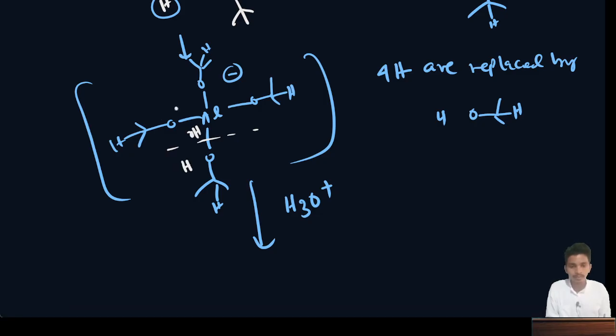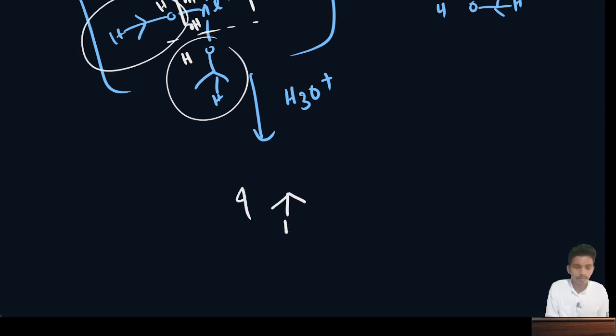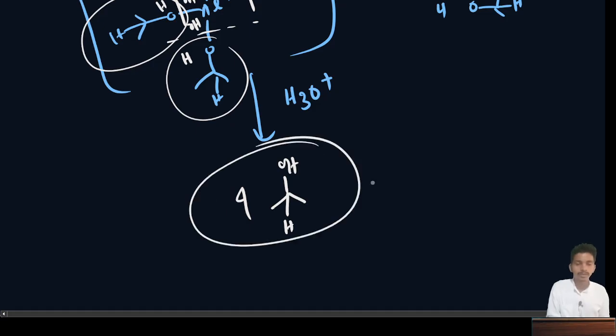Similarly here we add H and here OH. Since this is the electronegative group, H goes here and OH comes there, and likewise for this group that is created. After the workup you will get this product.